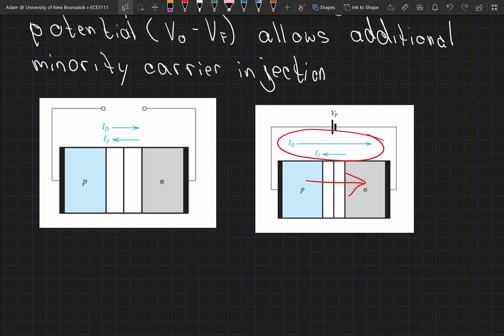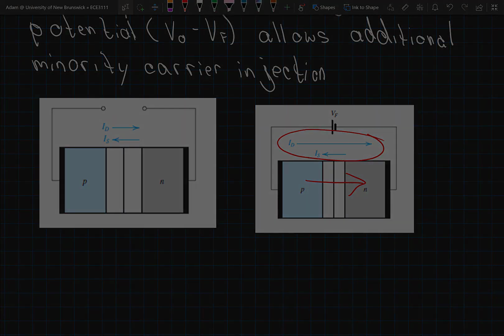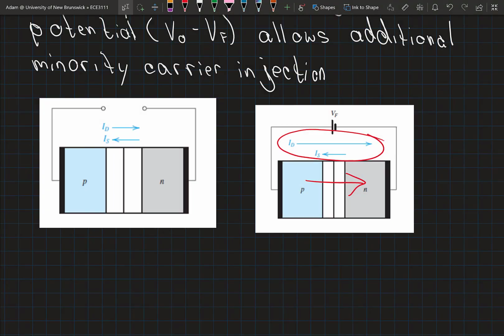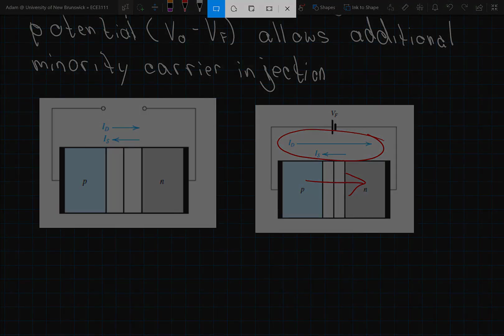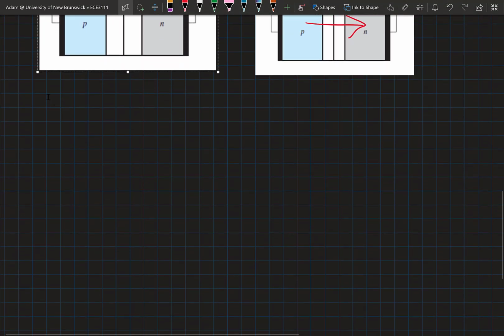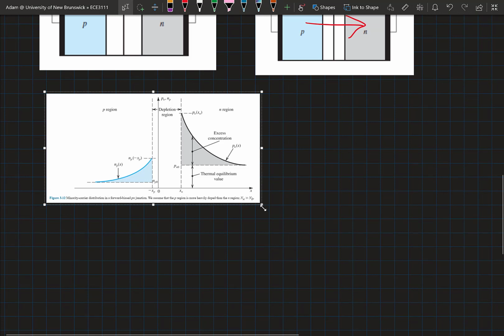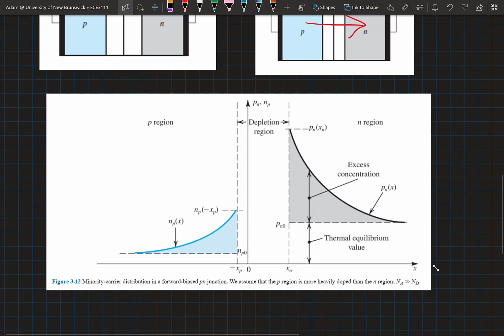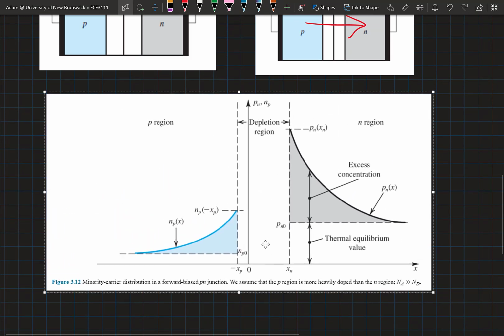And if we have a look at figure 3.12 from Sedra Smith, we see that, and again, just note that we're assuming that the N region is more lightly doped, and therefore we have a larger width in the N region of the depletion region as opposed to the P region.